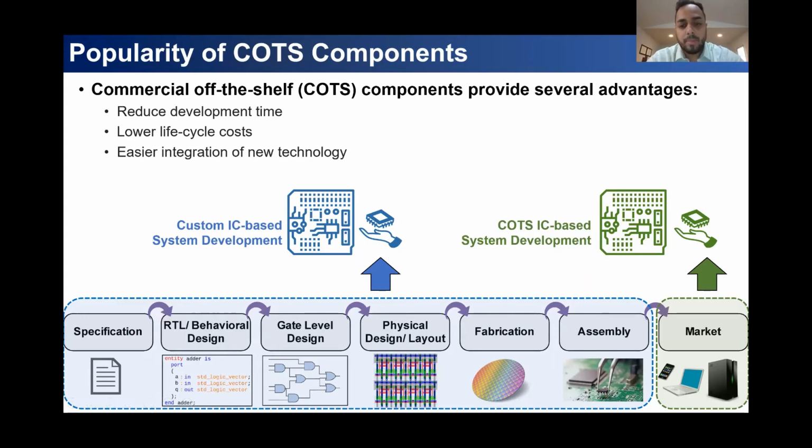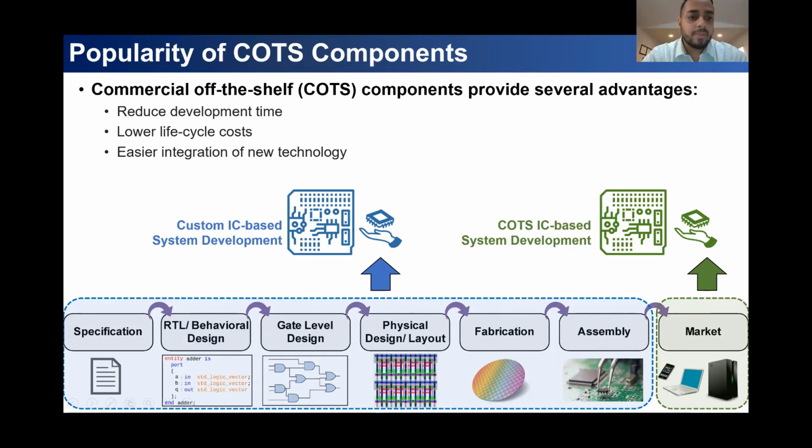Compared to that, in the COTS-based system development process, the system integrator just needs to buy a chip from the market. They do not need to design the IC or export the fabrication process to someone. They just find the appropriate chip they need, buy it, and integrate it into their system.